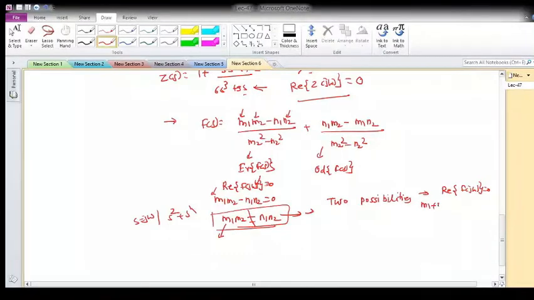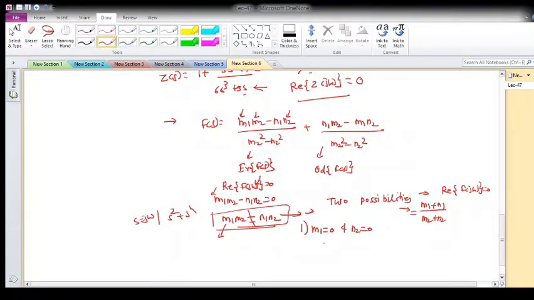We have (m1 plus n1) divided by (m2 plus n2), that is our actual decomposition. Here the real part is zero only when the even part of the numerator is 0 and the odd part of the denominator is 0.